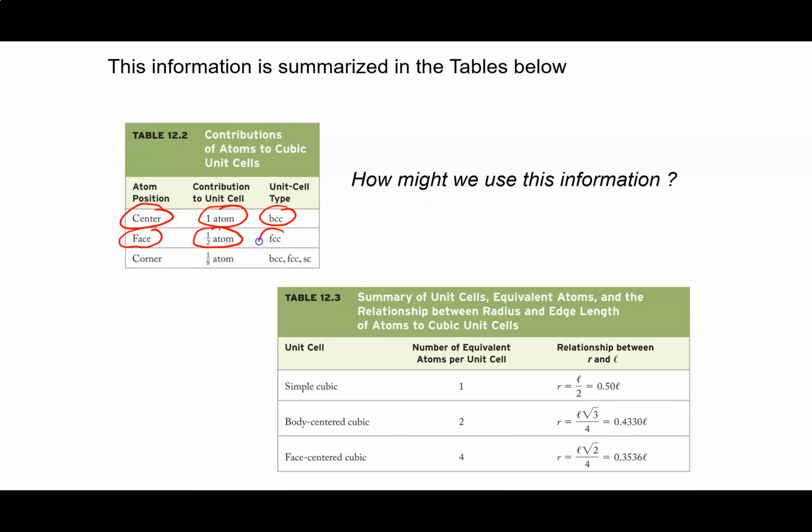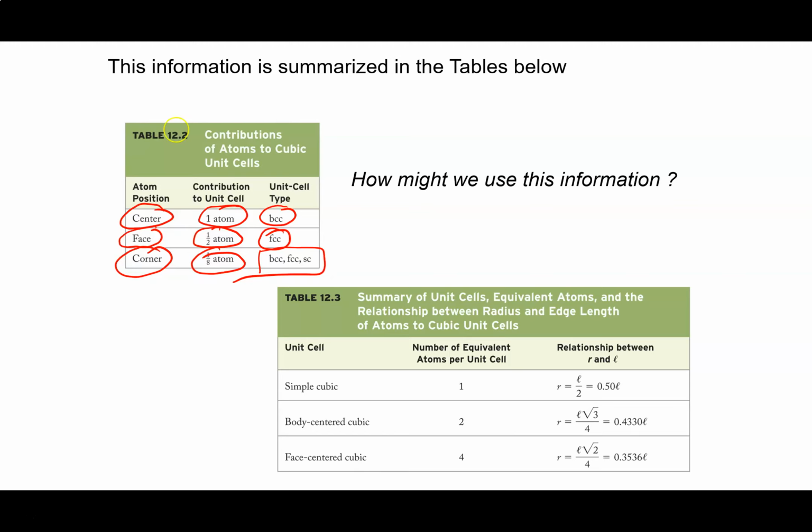And we're going to see these types of atoms in a face-centered cubic unit cell. If you have an atom that is centered at the corner of a cubic unit cell, that's going to contribute an eighth of an atom. And we see these types of atoms in all of the 3 cubic unit cells that we've been looking at.